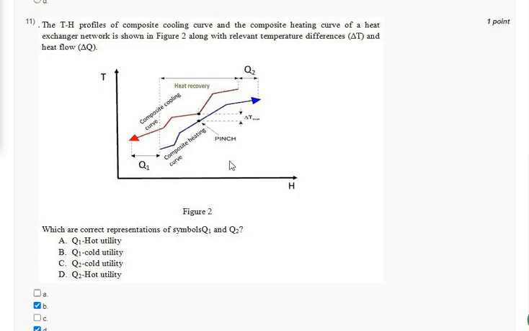Question number 11. The TH profile of composite cooling curve and composite heating curve is given. So what is Q1 and what is Q2? Q1 is the cold utility and Q2 is the hot utility.